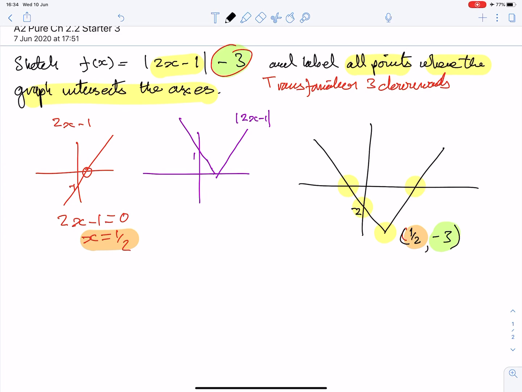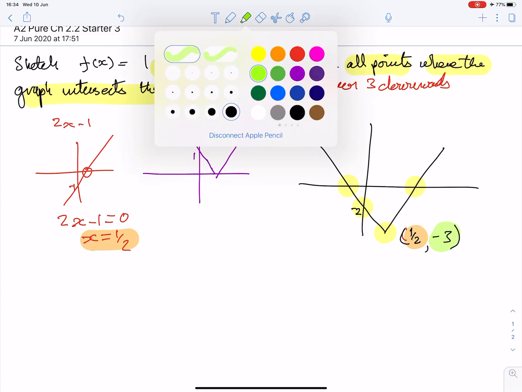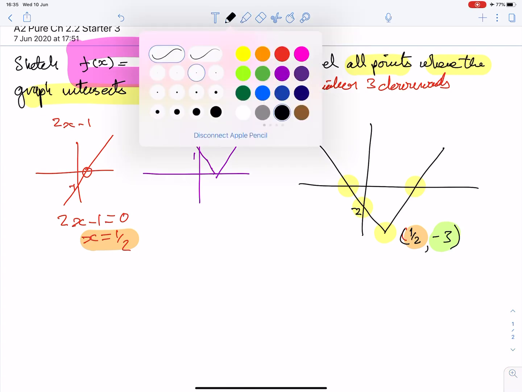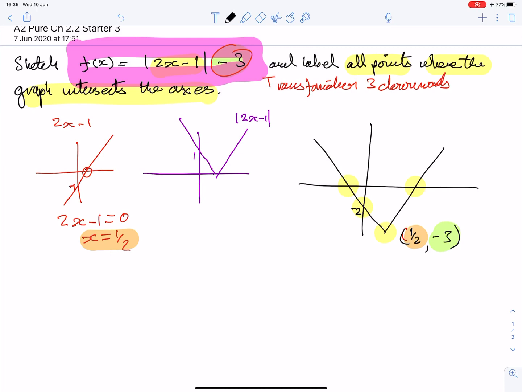Okay. Now, we've got to find the other 2 points of intersection, the roots. We could approach this in different ways. First of all, probably the easiest way is to go back to our original equation. If we call those points A and B, at A and B, f of x equals 0.